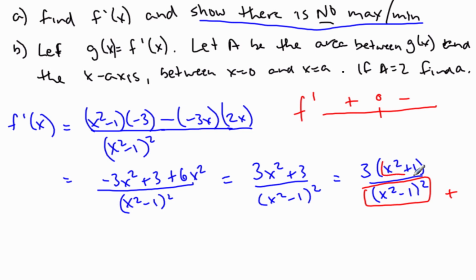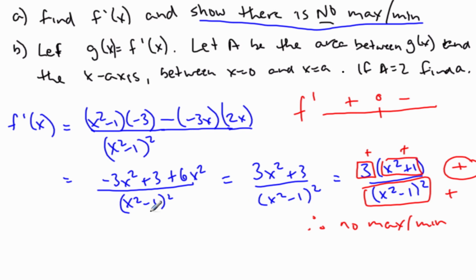I know this particular factor is always positive because this is squared adding 1. And 3 itself is always positive. So the positive times a positive times a positive means it is always positive. It is never changing signs. Therefore, no max or min.